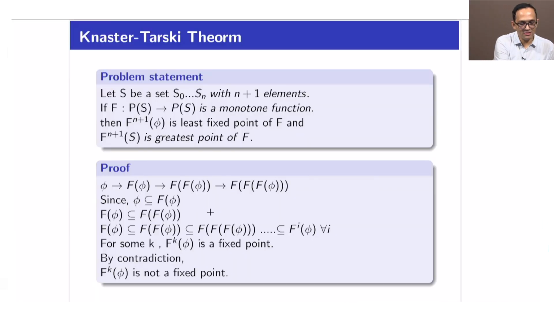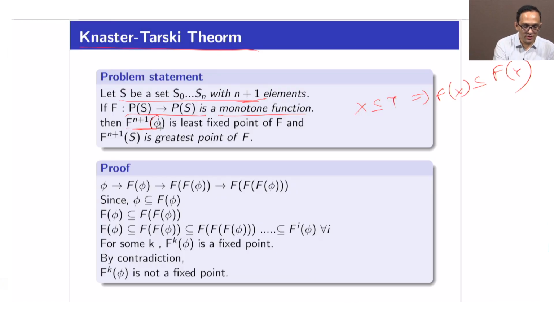This Knaster-Tarski theorem is on monotone functions. It says that if you have a finite set which has n plus 1 elements, and the function is a monotone function, so that means it holds the property that x subset of y implies f(x) is a subset of f(y), and then if I keep applying this function, f^(n+1) means I am applying this function n plus 1 times, starting from the null set, I will reach a fixed point, right.